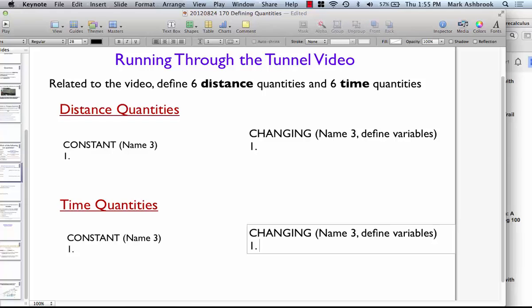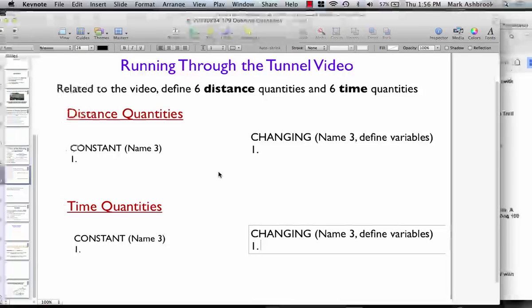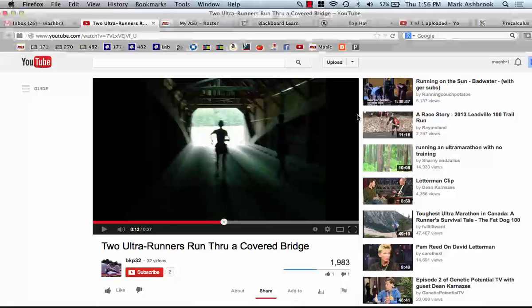Is the task clear? 3 of each: constant, changing, distance, and time quantities. So you're trying to come up with 12 total. Our key is being very specific as to what quantity you're defining. Watch out for being vague. Think about someone else reading it. They need to know exactly what you mean. Here we go.